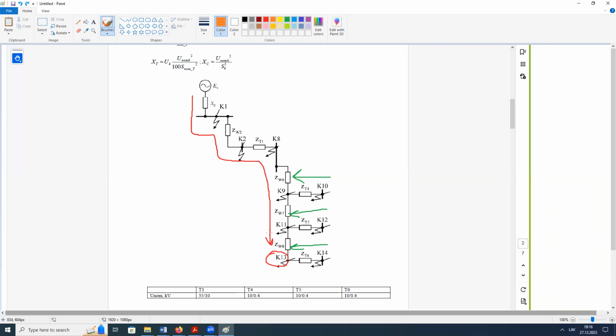Two ways. If we calculate that this is a parallel branch, this is a parallel branch, this is a parallel branch, we calculate the equivalent resistance, yes, and calculate.